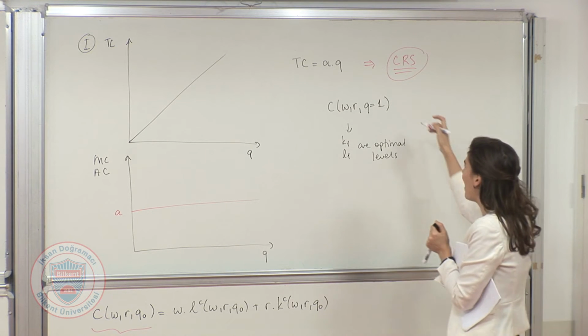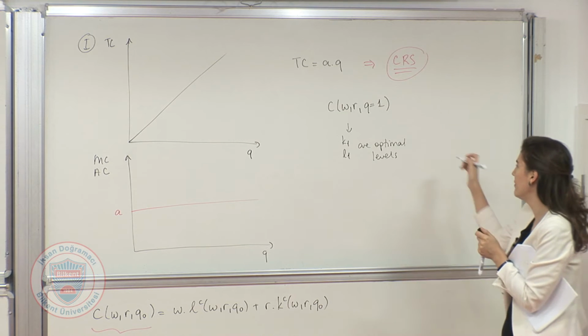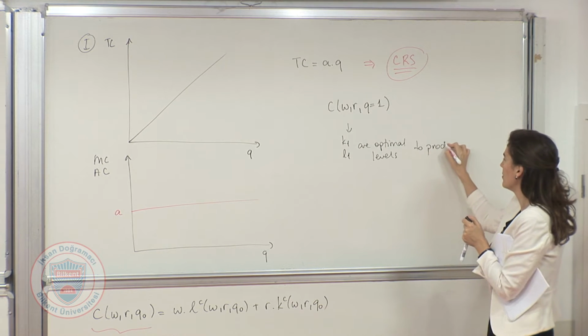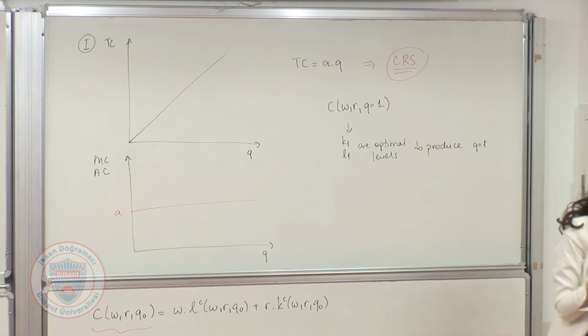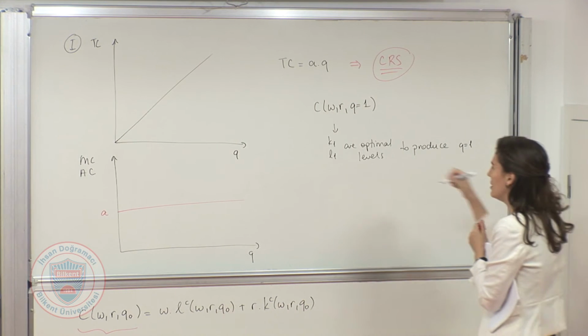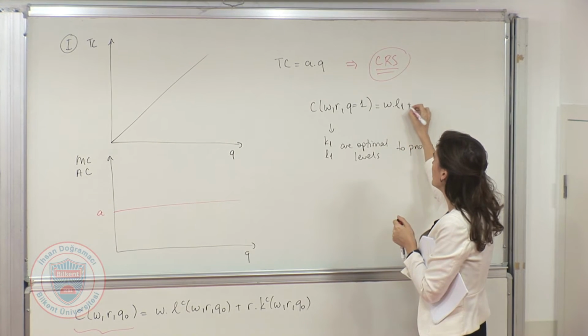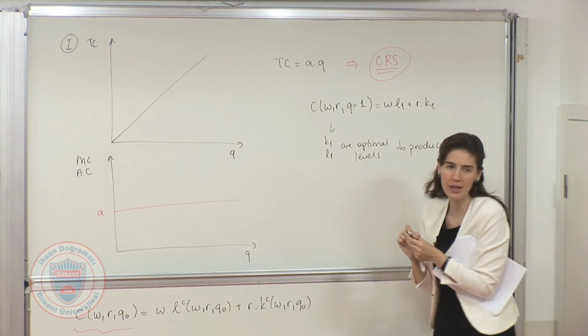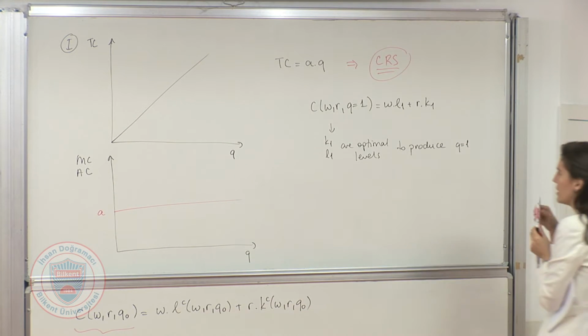Then my cost would be what? If K1 and L1 are optimal levels to produce Q equal to 1, to produce 1 unit, then what is my cost? If these are optimal levels, wage times L1 plus R times K1, right? So these guys are optimal. Okay, so to produce 1 unit.